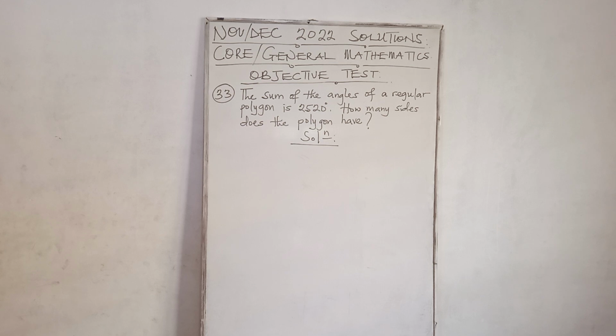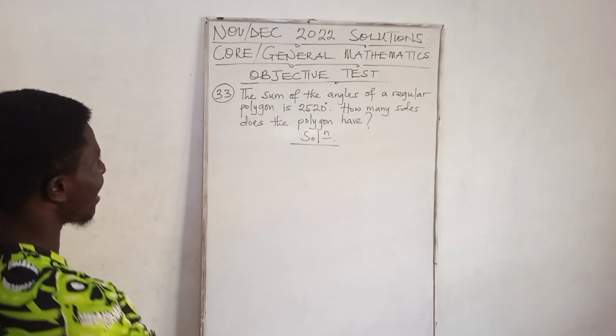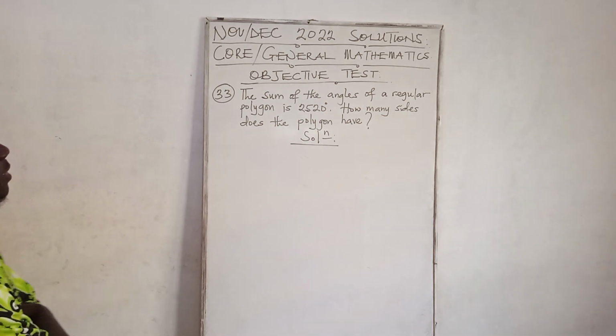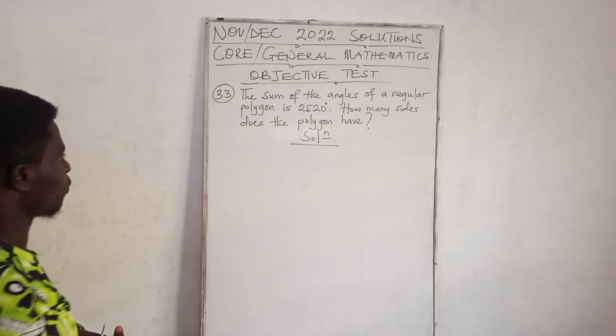The sum of the angles of a regular polygon is 2520 degrees. How many sides does the polygon have? So now, we are looking for the number of sides. They've given us the sum of interior angles of that regular polygon.